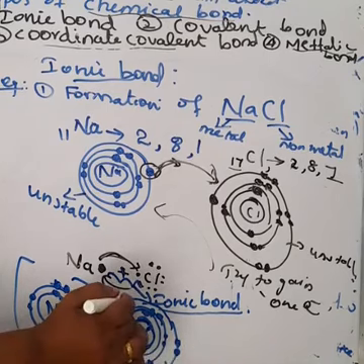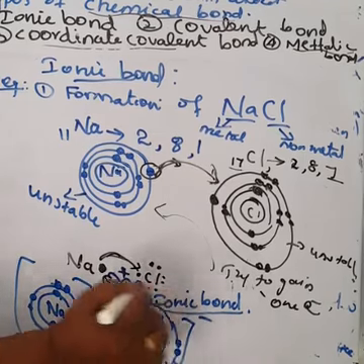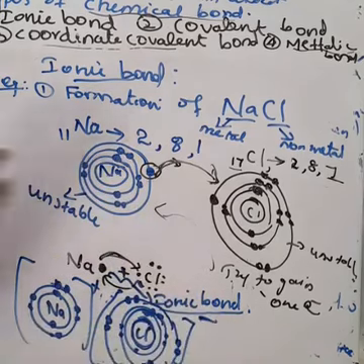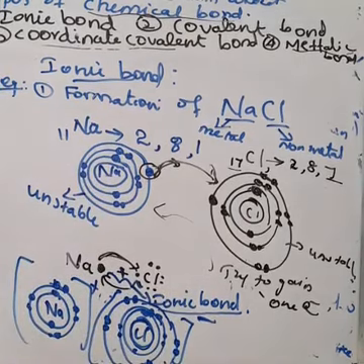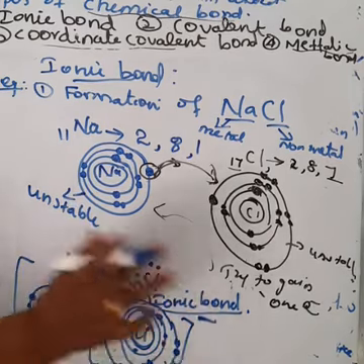Sodium lost 1 electron and becomes a sodium ion, and chlorine gets 1 electron and becomes a chloride ion. Understood? The bond formed between these two atoms is known as an ionic bond.